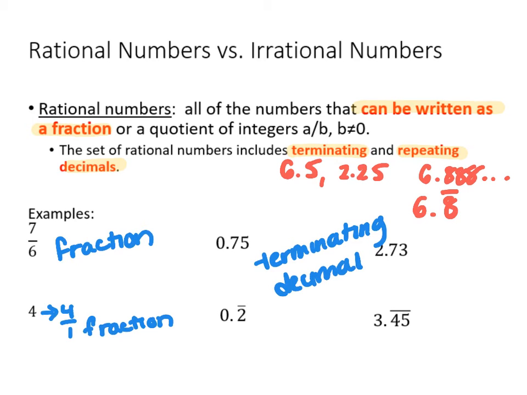And same thing for 2.73. That's also a terminating decimal because it ends. Versus 0.2 and 3.45 are both repeating decimals.